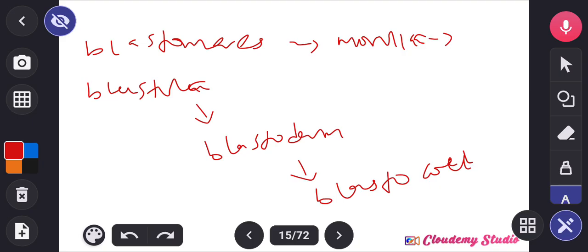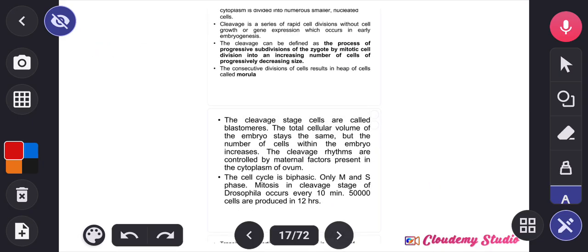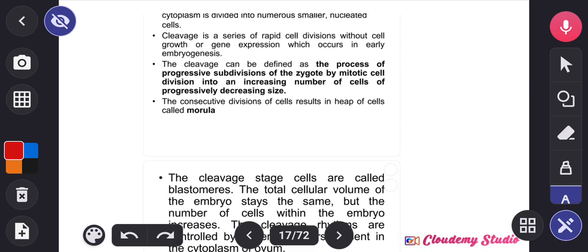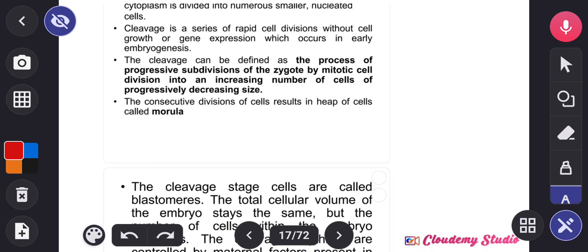Now, we'll first start with what we said yesterday. Cleavage is a process of progressive subdivision of the zygote by mitotic cell division into an increasing number of cells, progressively decreasing in size, and it results in what we refer to as the morula.